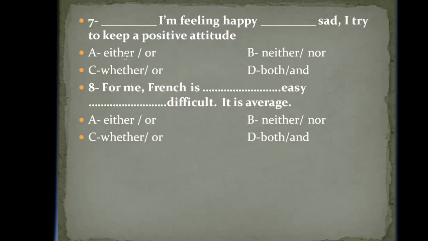I'm feeling happy, sad, I try to keep a positive attitude. So whether I'm feeling happy, in the two conditions, whether I'm feeling happy or sad, I try to maintain a positive attitude. Okay, for me, French, easy, difficult, it's average. It's not easy, it's not difficult. So how do you say it? It's neither easy nor difficult, it's average.